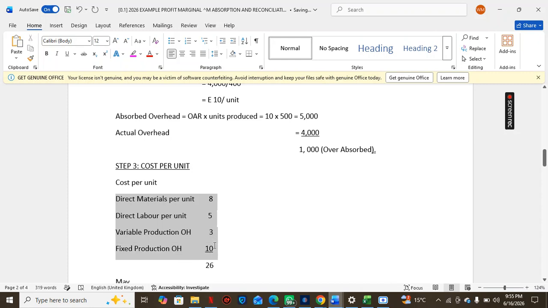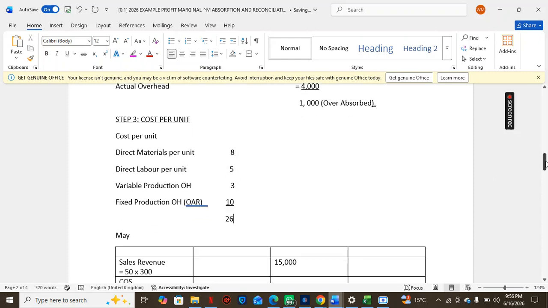Fixed production overhead per unit, which is our overhead absorption rate, the OAR, which we tabulated there. So we get the total, 8 plus 5 plus 3 plus 10. We get 26 euros per unit.